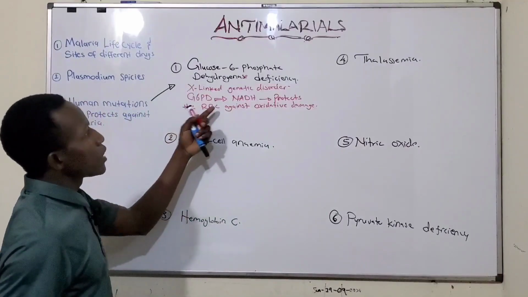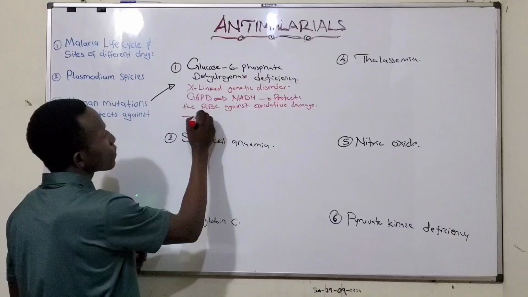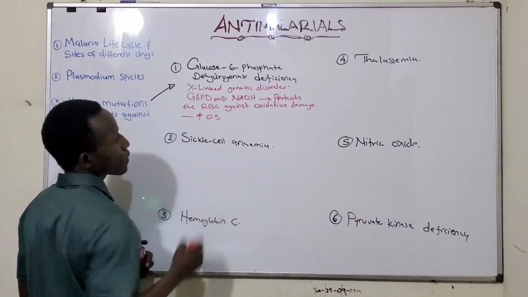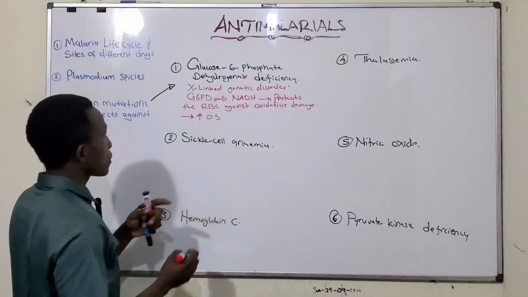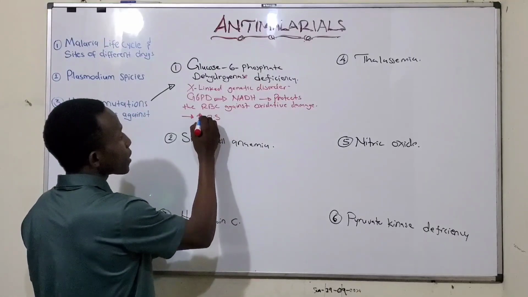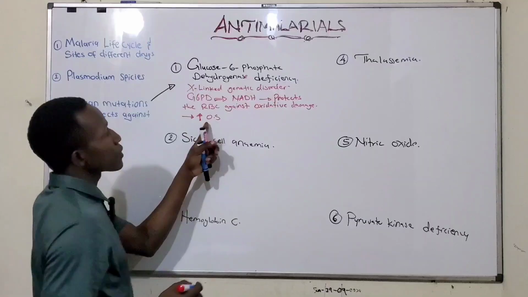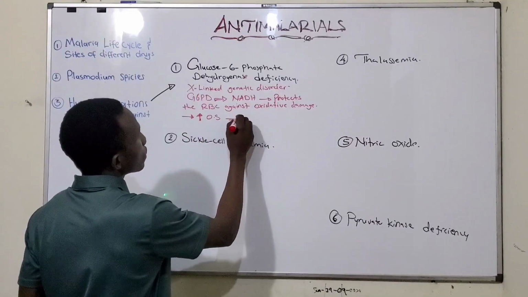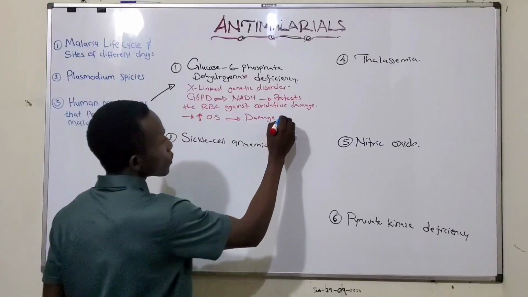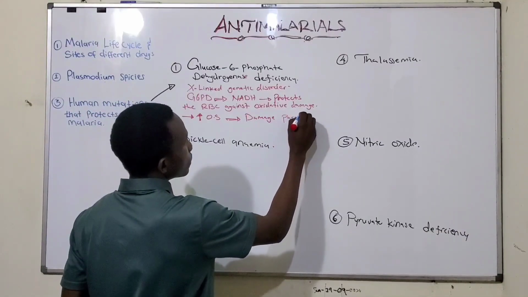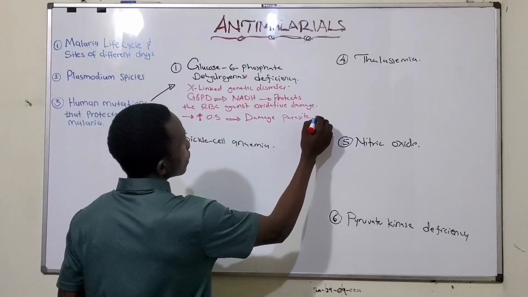Now, imagine if this enzyme is not present, meaning that we shall have increased oxidative stress. And remember, in cells infected by the parasite, we shall also have increased oxidative stress. And this will damage the parasite itself, and also damage the red blood cells.